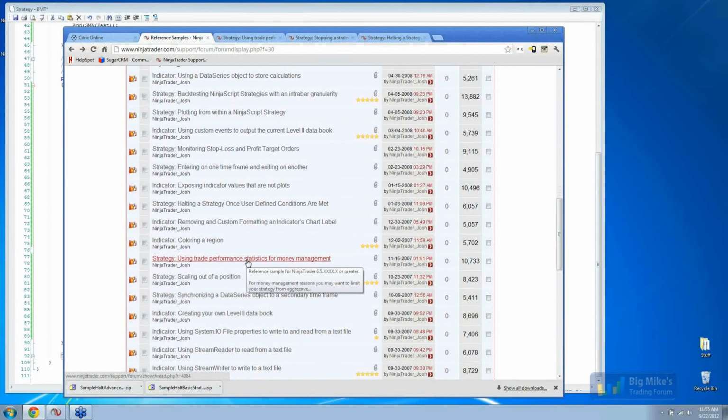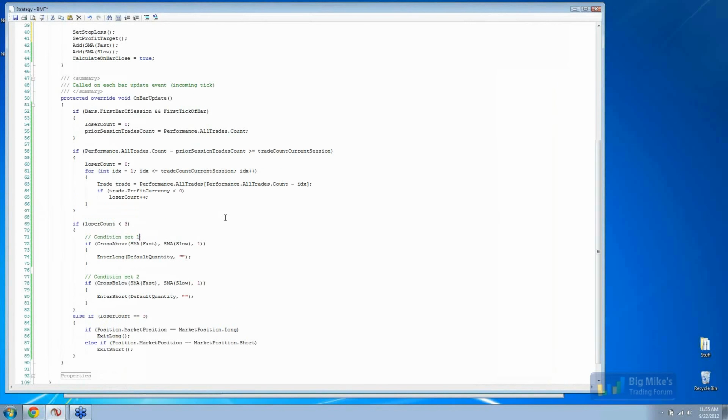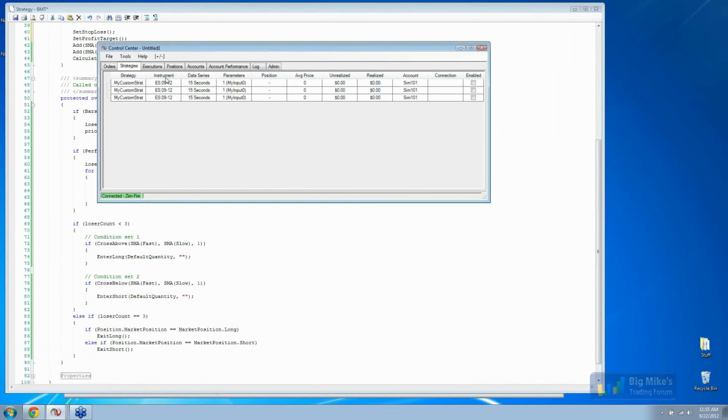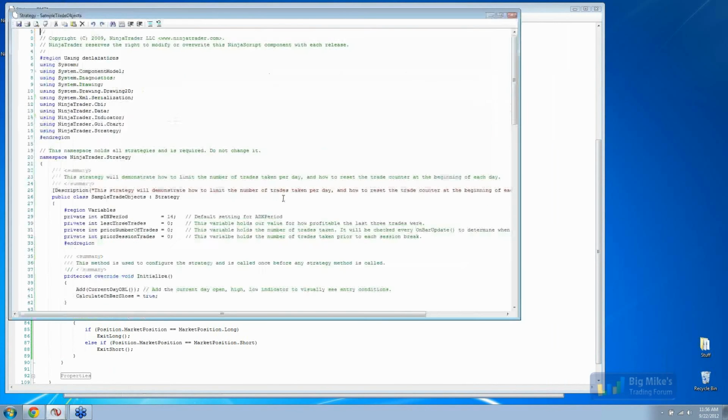Those particular reference samples that I just pointed out, you definitely want to check those out, as they'll give you more information on the techniques I was using here today. If anything, it'll help solidify what I showed and maybe even make more sense, because in those references, let me bring up some code. If I go edit, it can open up, let's say, sample trade objects here.